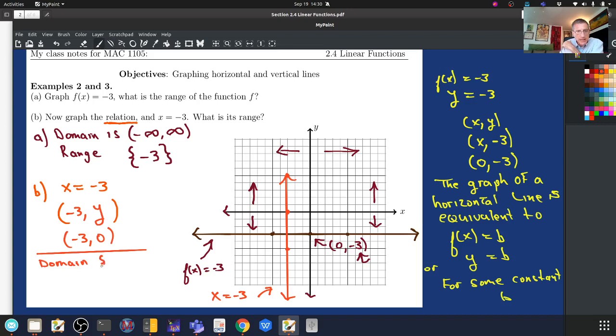Its domain is a single point at minus 3. Now walking up and down the y-axis and looking right or to the left, what points allow you to see part of the graph? And it's every point. So the range is minus infinity to infinity. Okay.